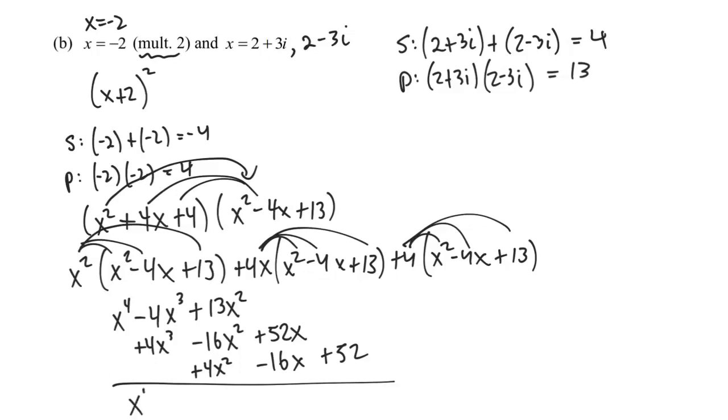And so I'm going to get x to the fourth. I'm going to have no x cubed since those cancel out. 13 minus 16 is negative 3, plus 4 is 1, and so this is going to be plus 1x squared. 52x minus 16x is positive 36x, and then finally plus 52.